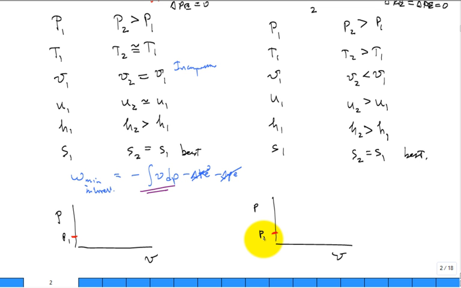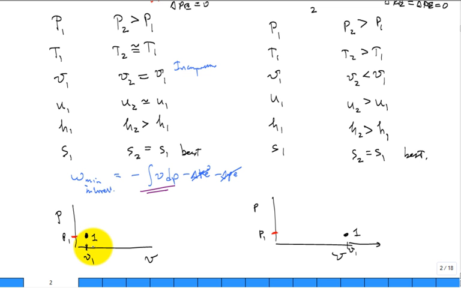Which one? Well, one is going to have a low inlet and one a pretty large inlet. Isn't the gas needing more volume per kilogram than the liquid? Sure. So here is state 1 on the one diagram. Here's state 1 on the other diagram.